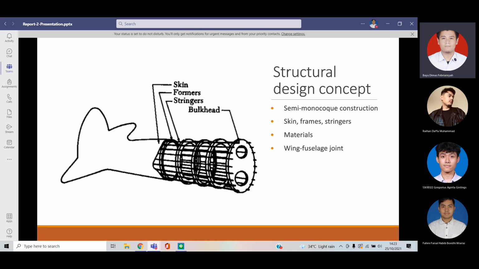The wing-fuselage joint uses a bolt joint because it offers the best resistance to fatigue, and also ease of maintenance because the wing can be detached from the fuselage quite easily.